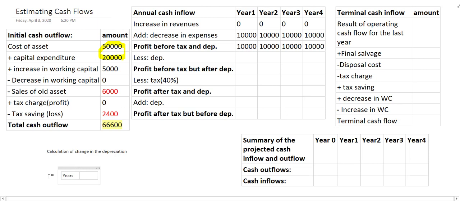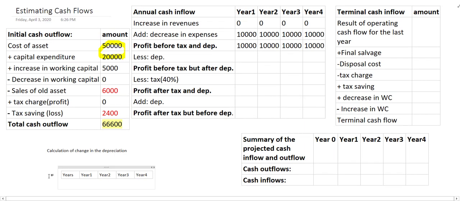Years: year one, year two, year three, year four.